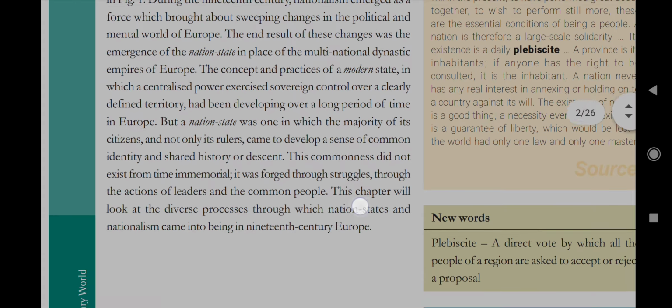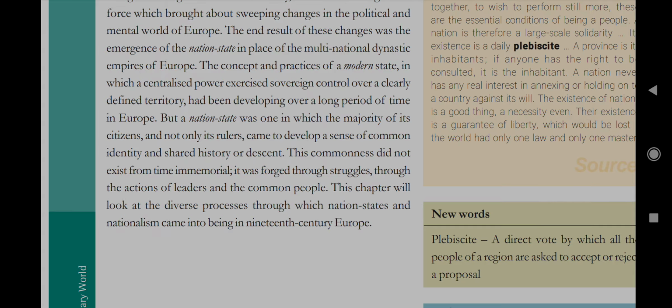That was developing during a long time in Europe, but a nation state was one in which... the modern state is a bit of a conceptual practice, it only has the characteristic that it has definite territories, but it wasn't actually a nation state. A nation state is one which has people who have a common identity, including the ruler who is ruling over them, and the people have a sense of common identity, and they share history or descent.